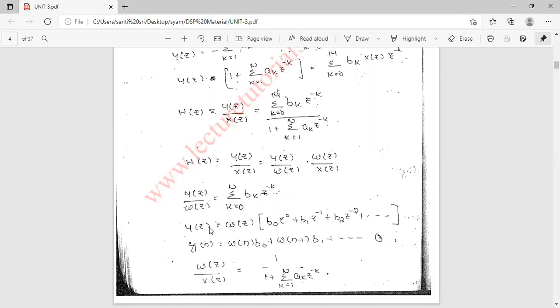So by cross multiplying, we will get y of z equal to w of z into b naught into z power 0 plus b1 into z power minus 1 plus b2 into z power minus 2 and so on, right?